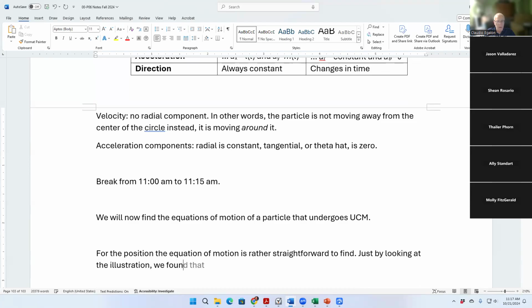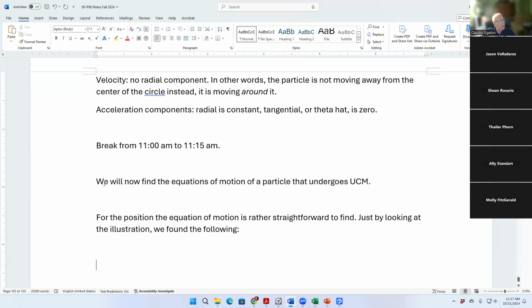We found the following, and I even have already displayed that for you. Here you go. X divided by the radius of the circle is cosine of theta, right? We saw that before.